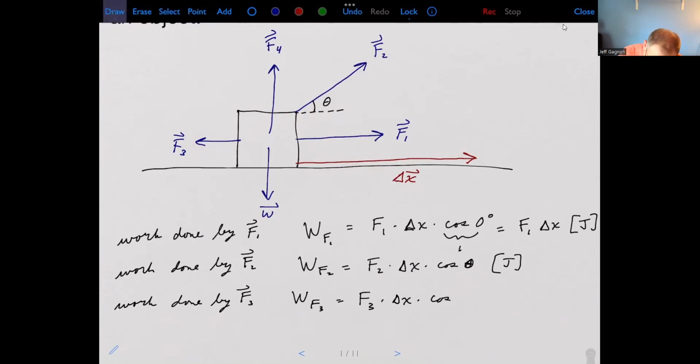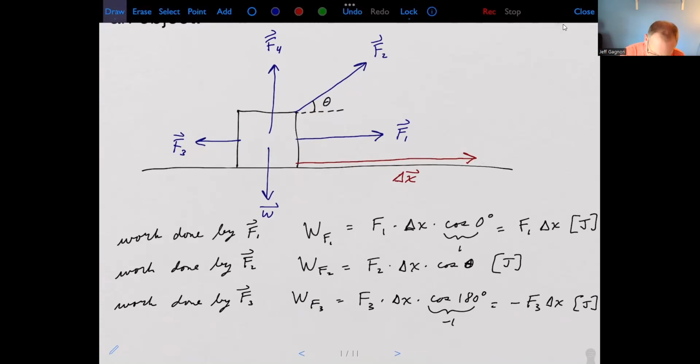So this is cosine of 180. But remember, cosine of 180 is equal to -1. So this is going to be negative F3 times delta x in joules. So basically, in this case, F3 is doing negative work on this object. As this object moves to the right, the force is acting to the left, that work done by F3 is going to be a negative value.